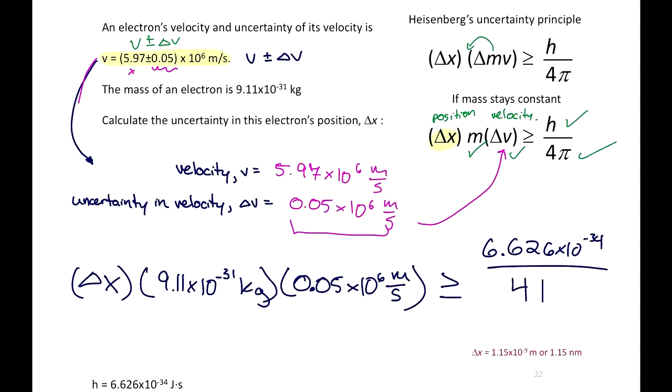Yes, this is the same pi, so 3.14. All right, and so you just solve for delta x, and that is the minimum amount of uncertainty you have in your electron, given that uncertainty in velocity.